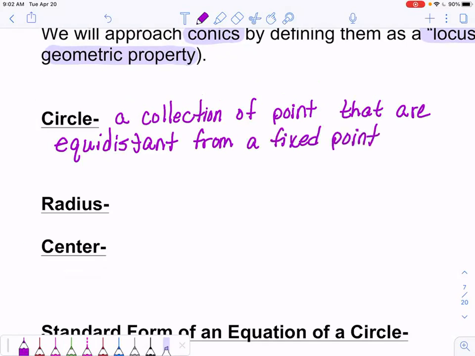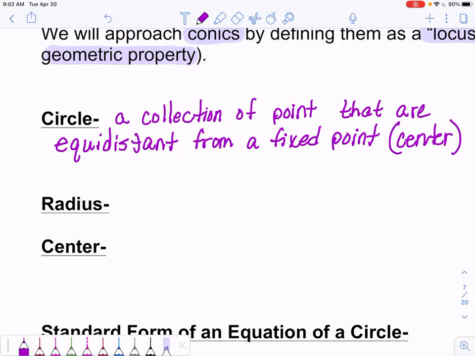So the geometric property that they're meeting is that all of these points are the same distance, or equidistant, from a fixed point. And that fixed point is the center.